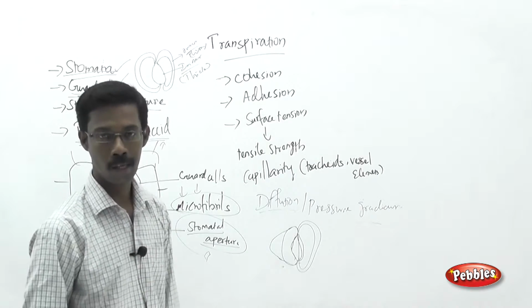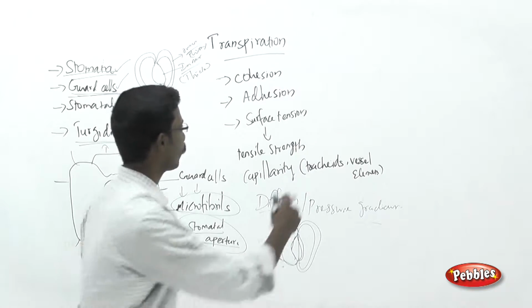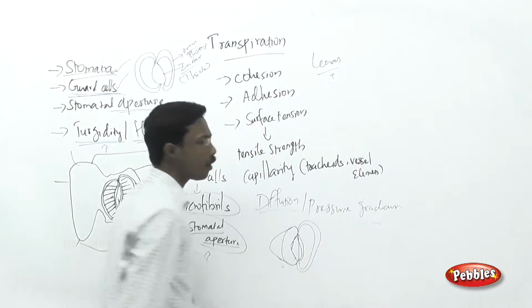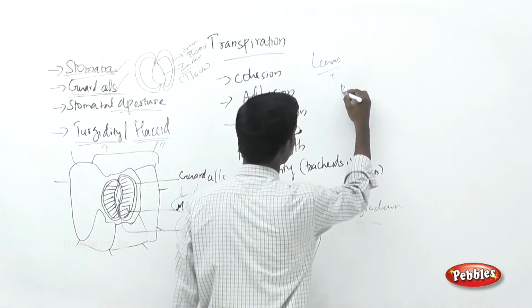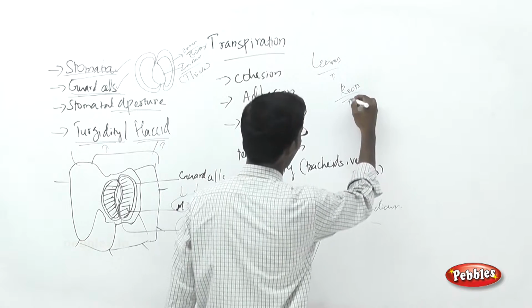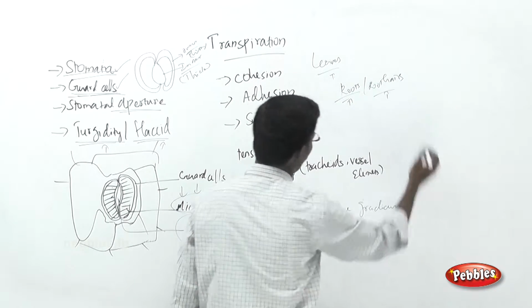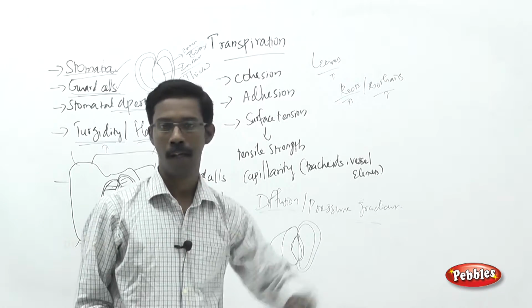And the next few things you have to remember about the transpiration: how the properties of water will help the transpiration. As I told you, transpiration is the process that happens at the structures called leaves. But the water absorption, as I told you, happens in the structure called roots, especially the root hairs. So there must be some continuum between the root hairs and the leaves.